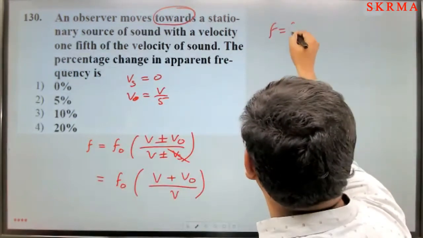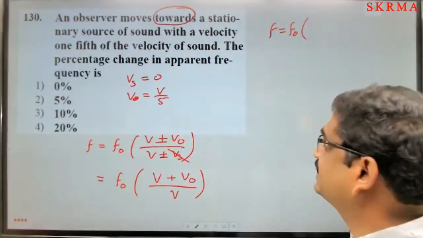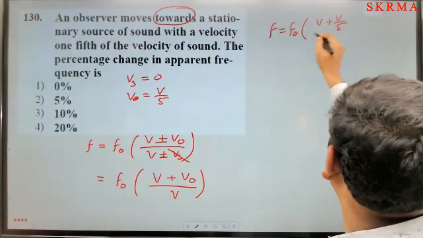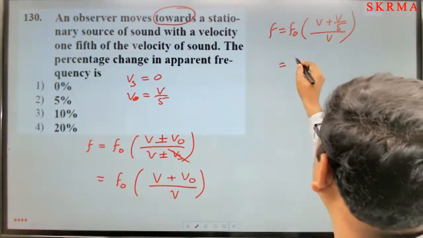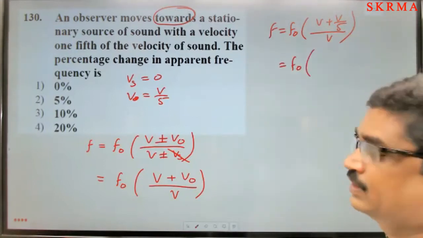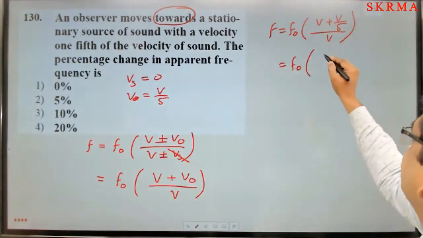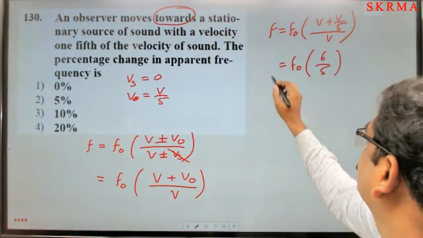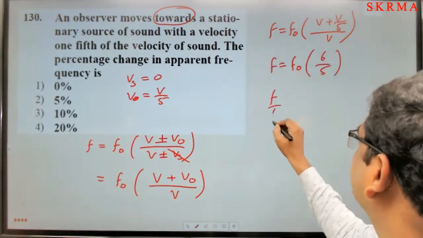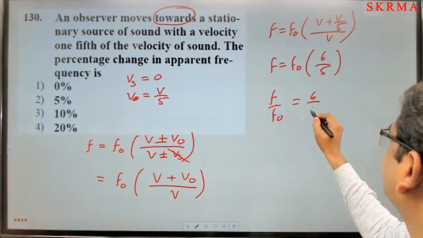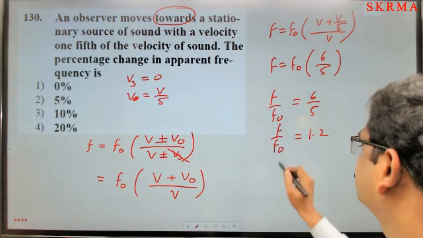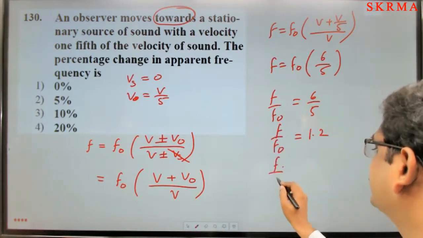Now substitute the values. So f equal to f naught into v plus v naught, that means v plus v by 5, by v. This is equal to f naught into 6v by 5v, or 6 by 5. So f by f naught equal to 6 by 5, that is equal to 1.2. So we need to calculate the percentage change.